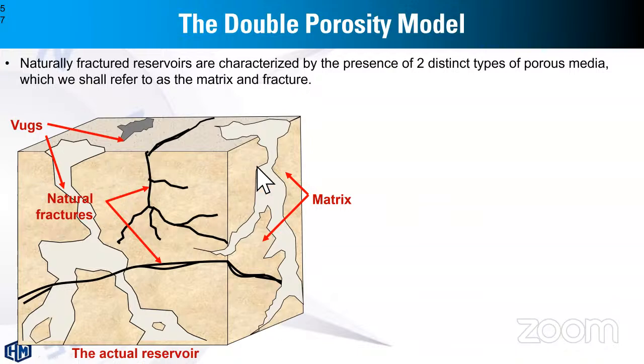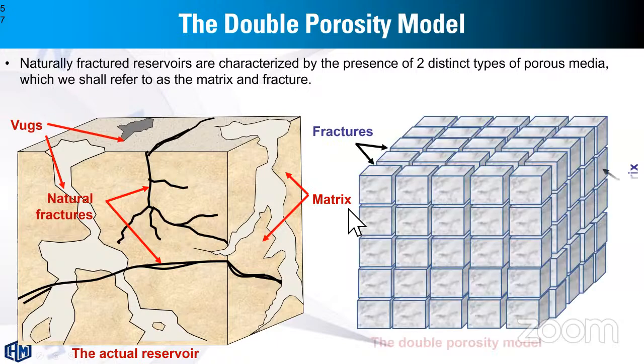We have a fractured reservoir, maybe a carbonate system with a particular depositional environment. We have a combination of the matrix, which is the bulk of the fluid storage, plus a natural fracture network, and maybe we have dissolution vugs like this, especially in dolomite or dolomitic reservoirs.